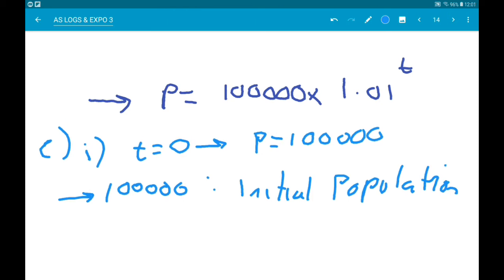Okay, and then the 1.01, well, this is now like compound interest from back in the old GCSE days. So this tells us the rate of growth per year.